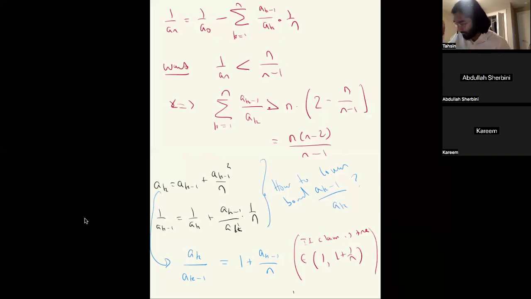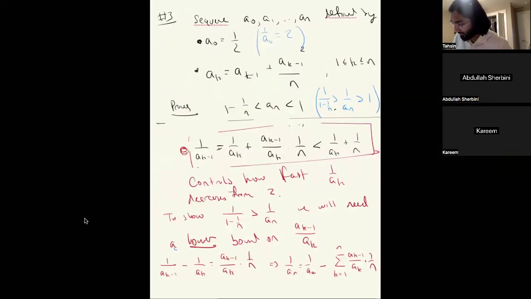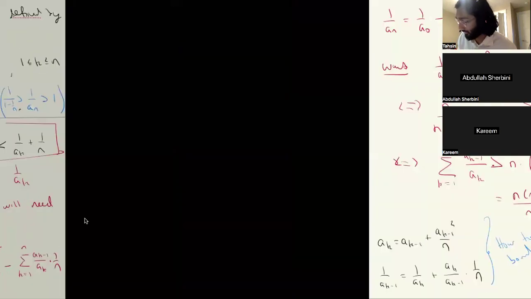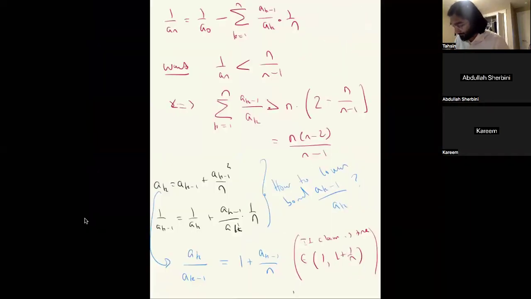Because remember, what are we trying to show? There are a lot of ways of phrasing it, but at the end of the day, what we're trying to show is that a_n is between 1 minus 1 over n and 1, right? And the sequence is increasing. So if the claim is true, there's very tight control on this. But you don't even need the claim to be true if you want an upper bound.